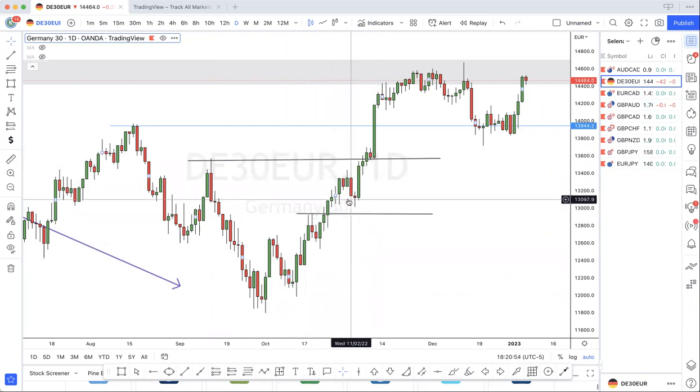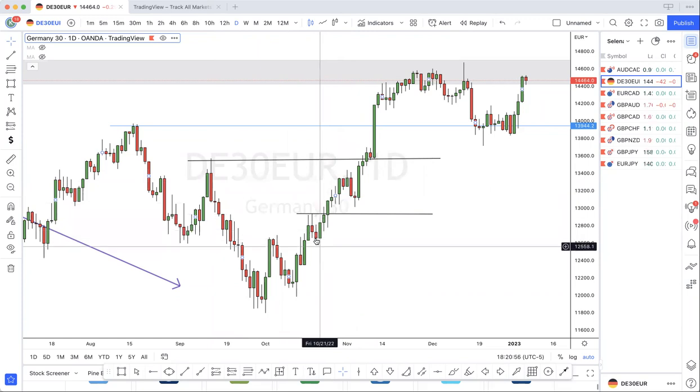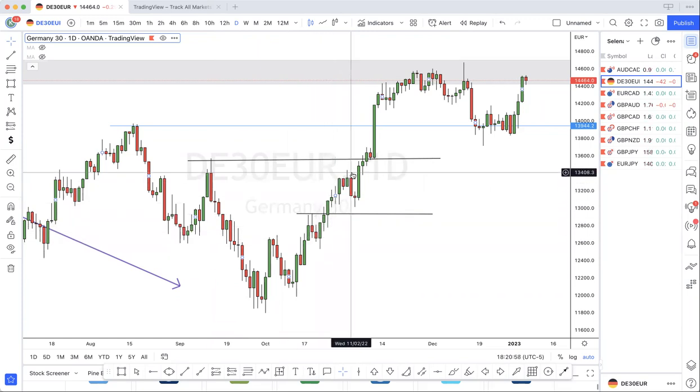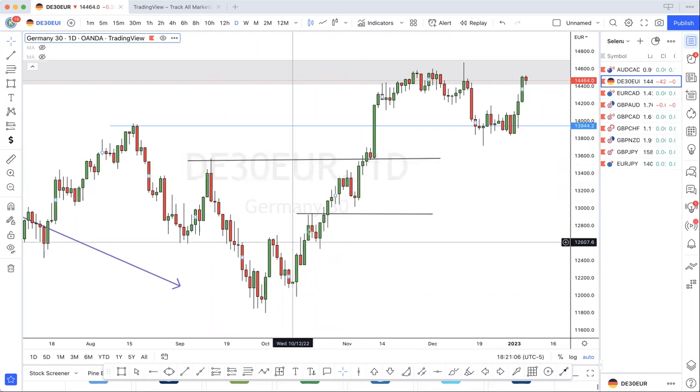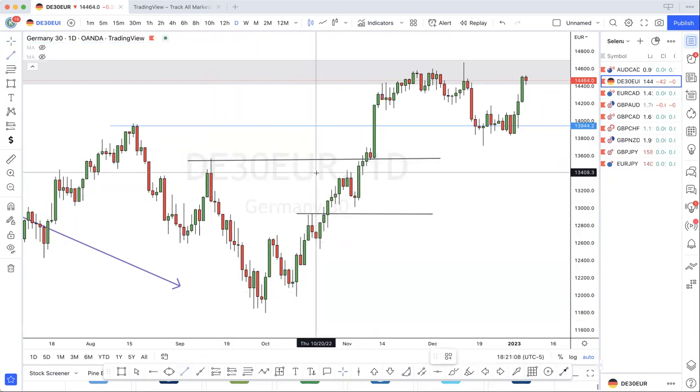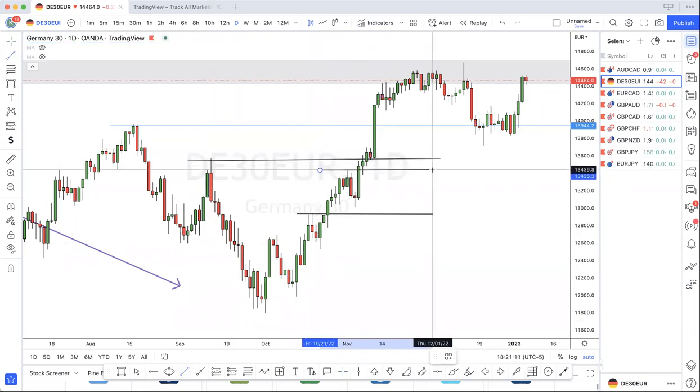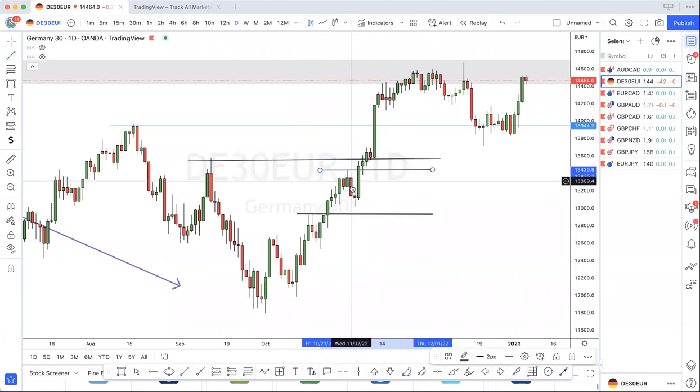It didn't break any of these lows. It didn't break this low. So it's a pullback, and you just have to keep an eye on it to see what happens. And then it gave you another bullish order block. Once you violated this bearish order block, you got this buying pressure right here.